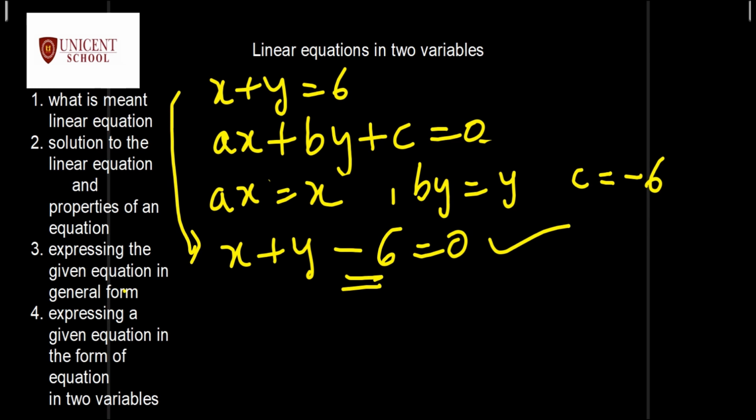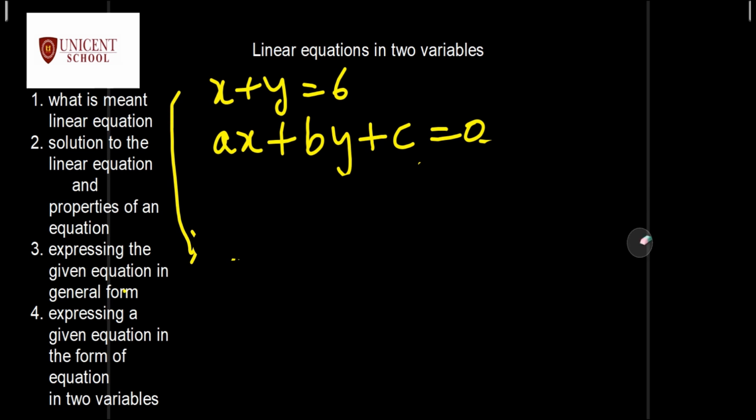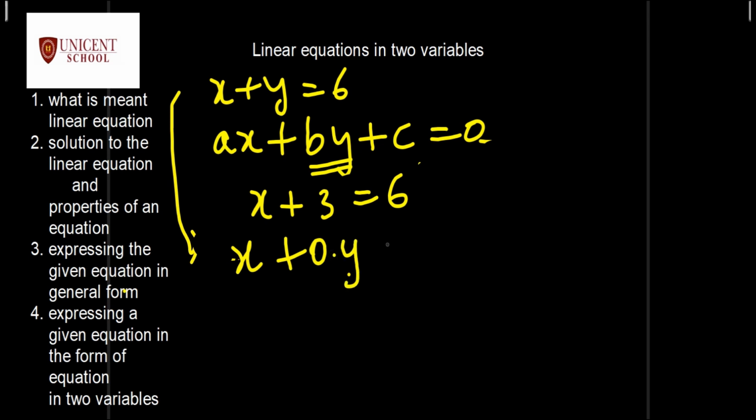Now, if I take a linear equation in one variable, can I represent it in the form of two variables? Yes. So we'll see how. Let's take an example of x plus 3 equals 6. This is in the form of one variable. So how to convert it into the form of two variables? Since y is not there, I'll take it as x plus 0y plus 3 equals 6.